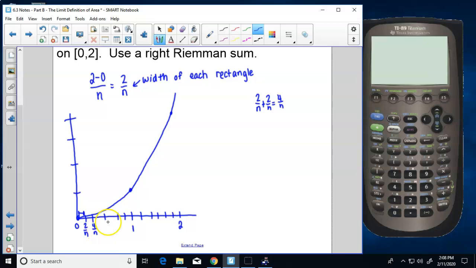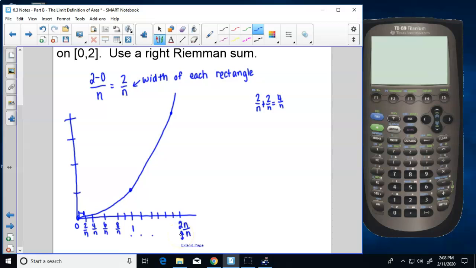And then what would the next tick mark be? 6 over n, and then 8 over n, and then I'm just going to put dot, dot, dot. Over here, when we get to 2, we would basically end up with 2n over n, right? Because that would give us 2.